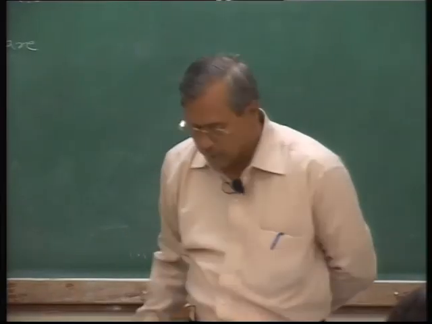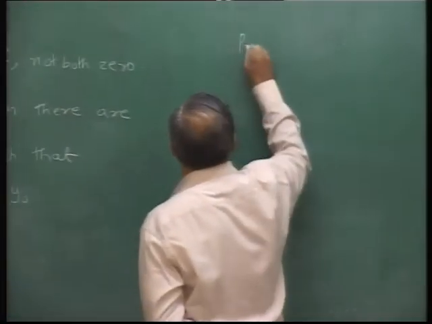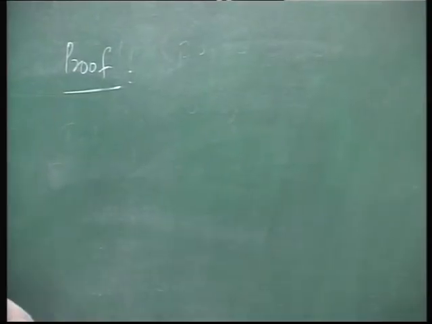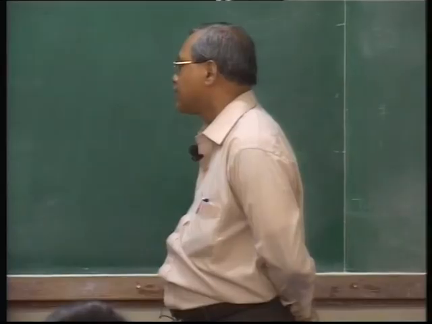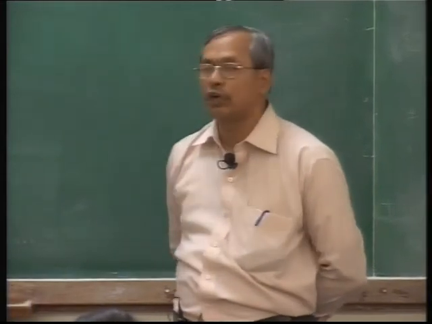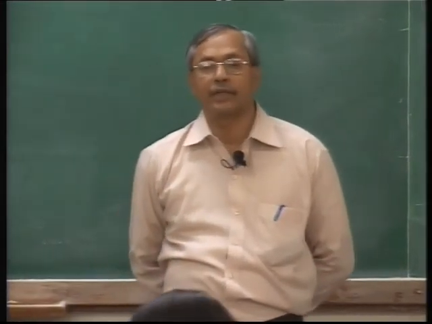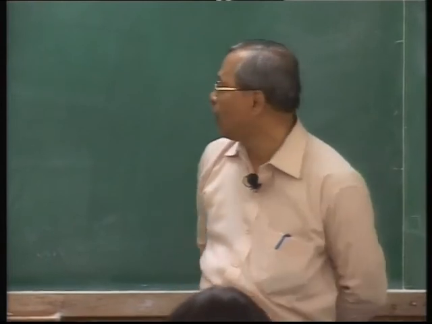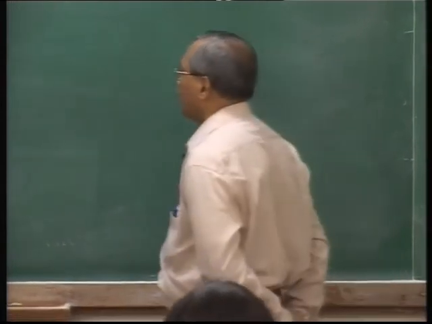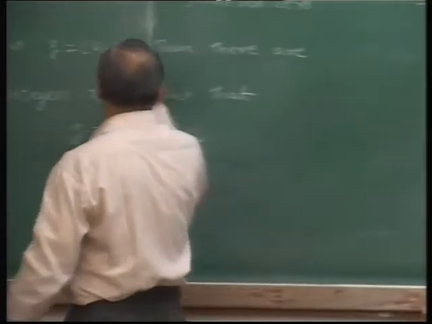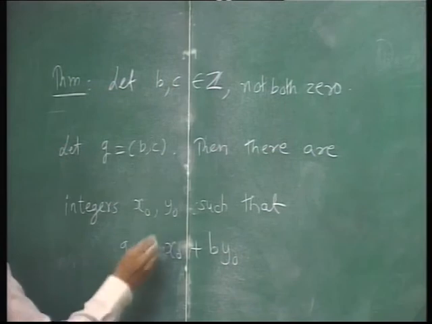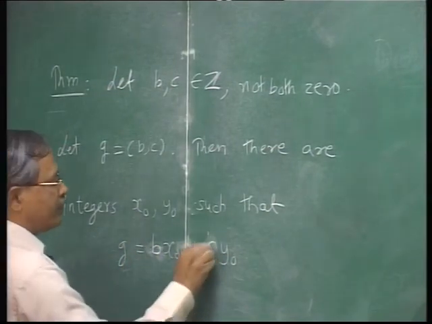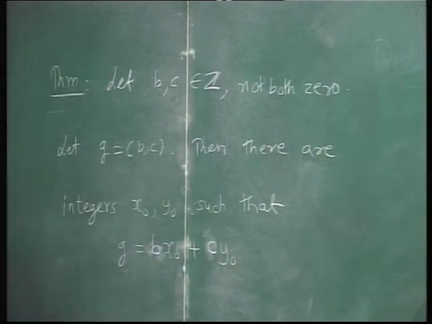So, to prove this, that there exist integers x0, y0 such that G is Bx0 plus Cy0, let us consider all linear combinations of B and C. B and C are in Z. So, let me write B times x0 and C times y0.